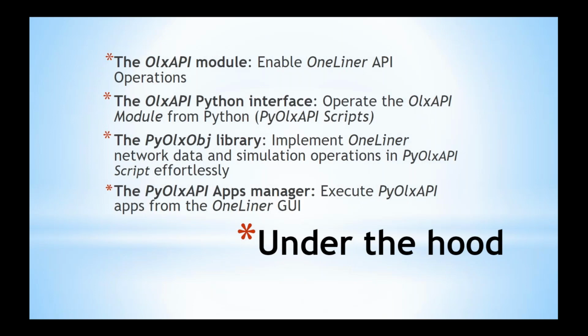Now, next, if you want to work using Python, then again, you are here because you are most likely a Python user. So if you know how to write Python script, then we ship with OneLiner, next to the OlxAPI module, a set of library files that we created so that you can use them to talk to the OlxAPI module and then operate OneLiner.